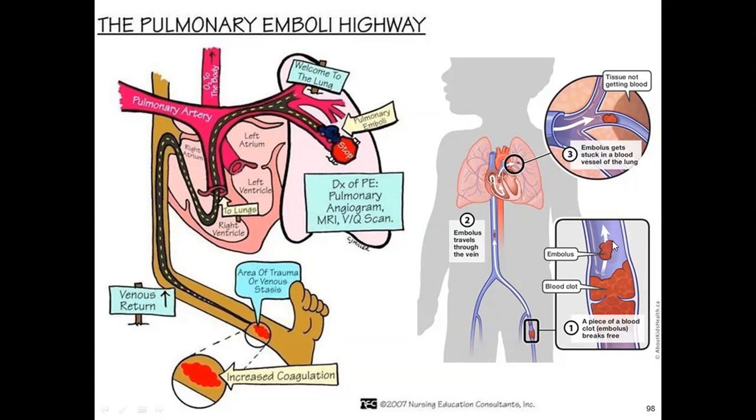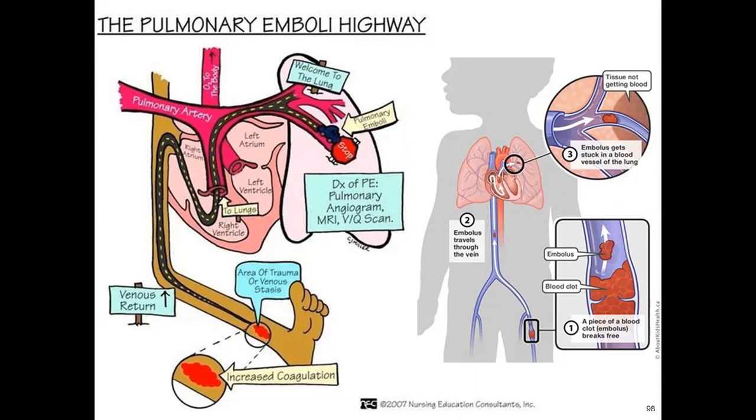It is mobile. So this embolus from the lower extremity goes through the inferior vena cava, travels through the vein, enters the heart, and from the heart goes through the pulmonary trunk to the lungs.